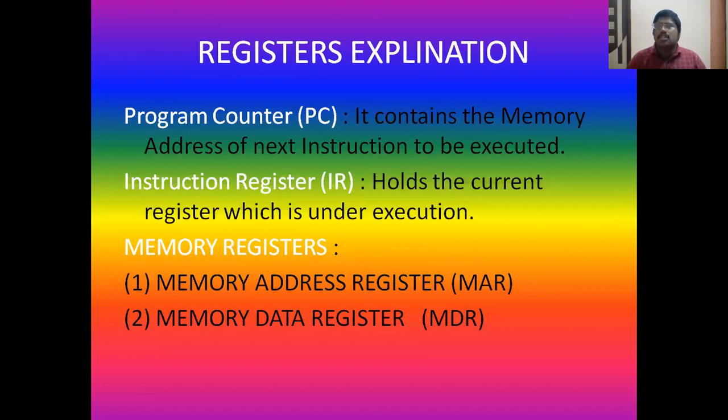Next, the instruction register. It holds the current instruction which is under execution. The program counter holds the address of the next instruction, whereas the instruction register deals with the present instruction.